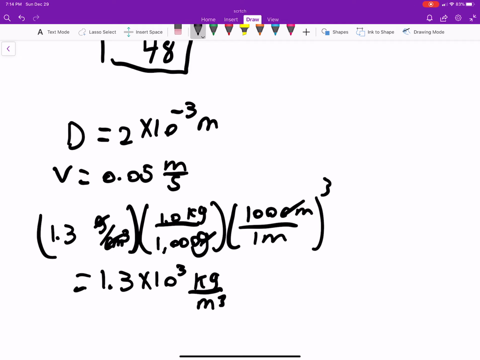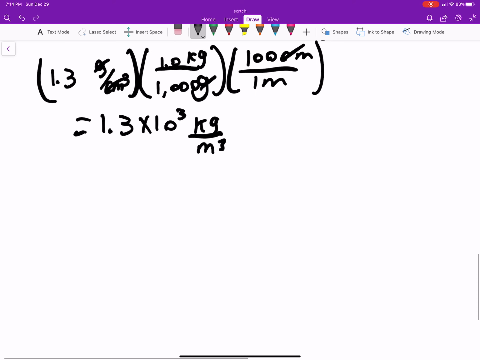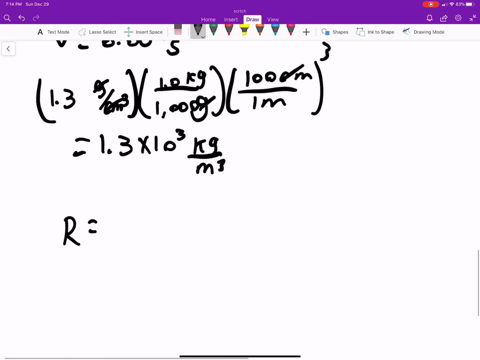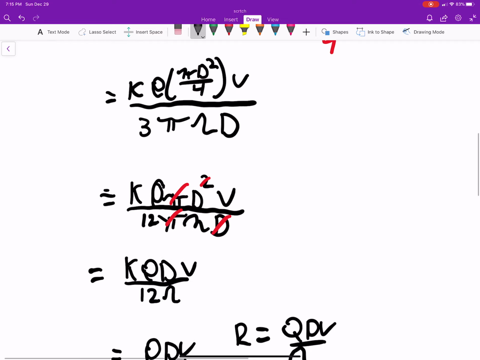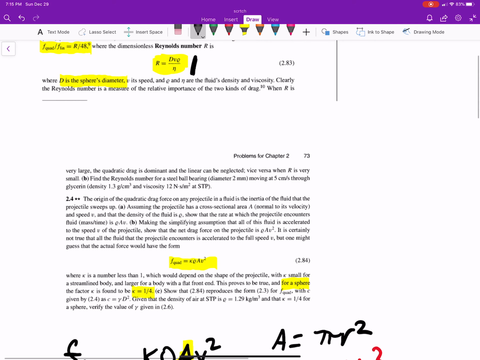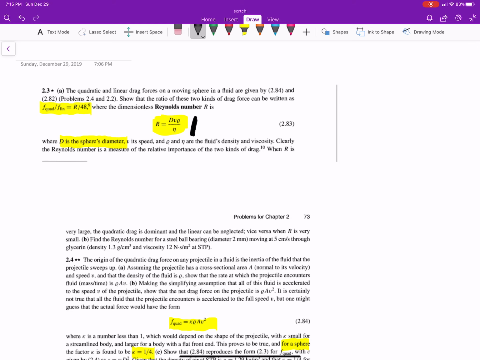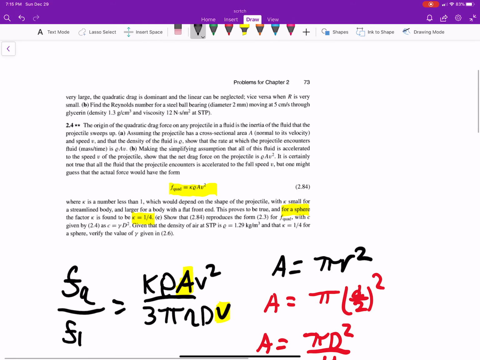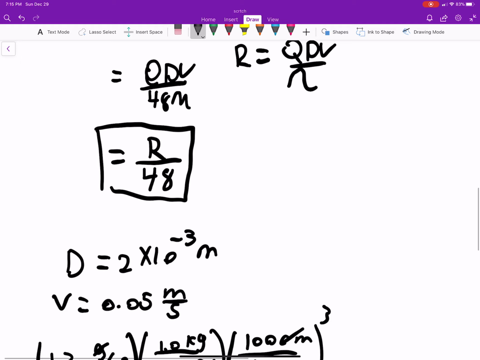Okay. So now, since we know what R is equal to, we can substitute all these things in. So we know D, we know V, we know Q, and then I think they mentioned eta as just 12 newtons times seconds per meter squared.